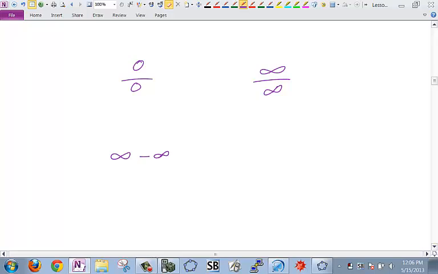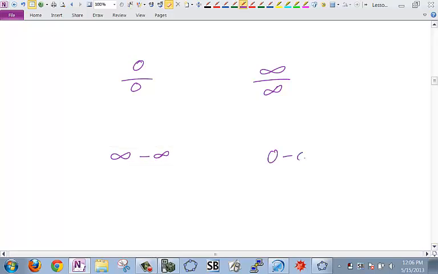If the first one is approaching infinity just barely proportionally faster than the second, it's going to be some positive number. If the second is going a little bit proportionally faster than the first, it'll be a negative. If this one's going to infinity insanely faster than this one, then their difference is infinity. So it could be anything, for things that are going to infinity.